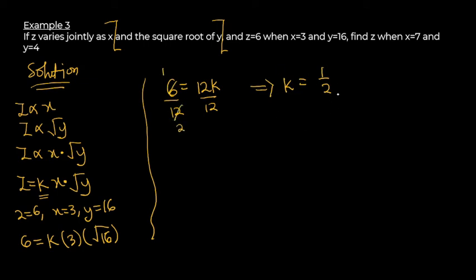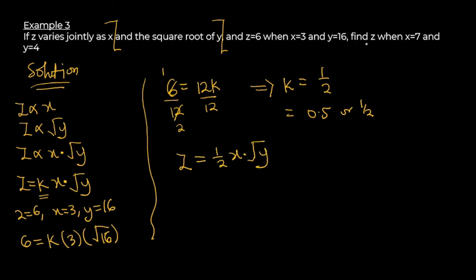So my variation constant, or proportionality constant, in this example is 0.5 or half. Which means my equation for this joint variation becomes Z is equal to 1 over 2 x multiplied by the root of y.